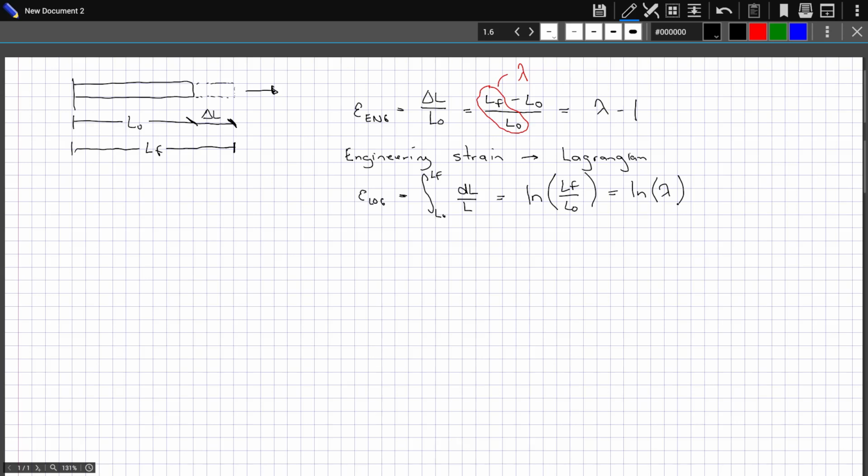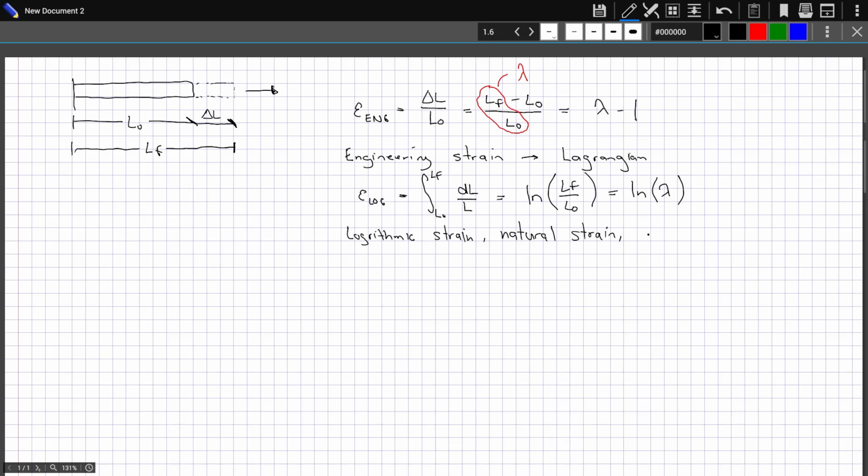Remember I said what you normalize it by is arbitrary? I'm going to prove it to you. We got one definition up there. Before I do that, let me just write this out. Again, we call this the logarithmic strain, or sometimes it's called the natural strain because the solution is the natural log.